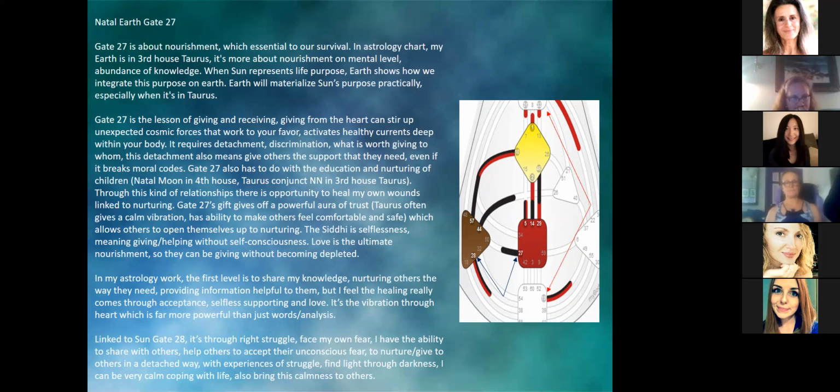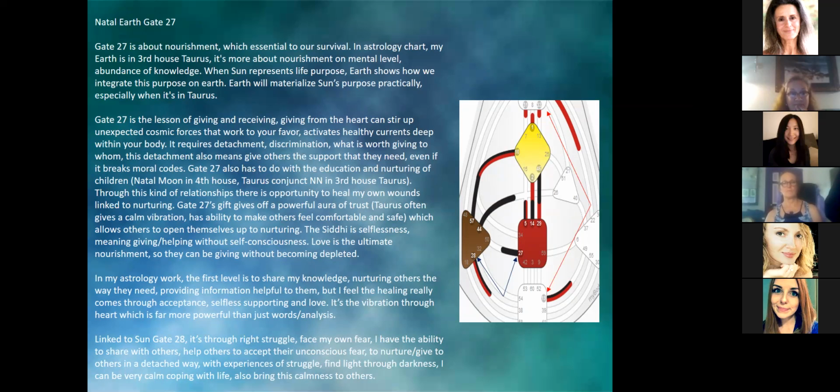So gate 27 is the lesson of giving and receiving. Giving from the heart can stir up unexpected cosmic force that works in your favor, and activates healthy currents deep within your body. It requires detachment and discrimination about what is worth giving to whom.